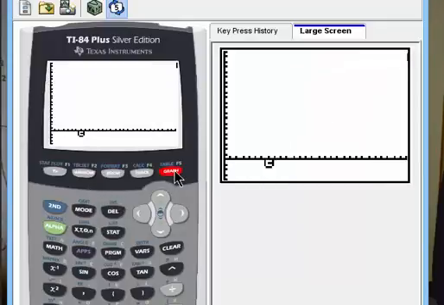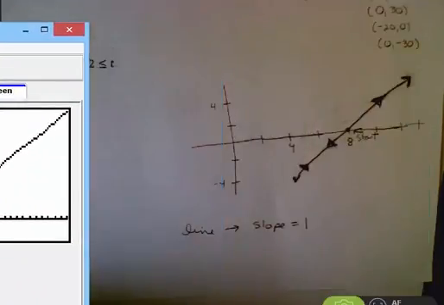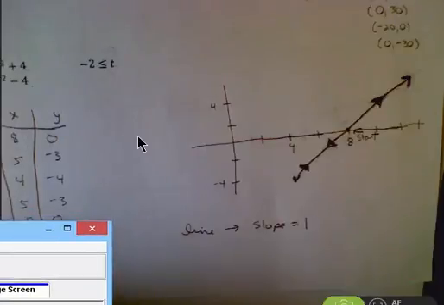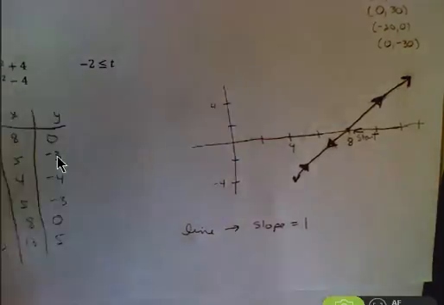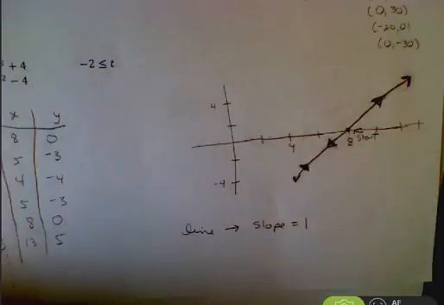So that's kind of what the graphing piece is of that. Just pick your parameters, do a zoom fit, and then if you want to adjust your window from there, you can. But you should be able to do both. You should be able to use your calculator, and you should be able to make a chart like we did on the sheet. So that's the graphing piece of what's on the test.